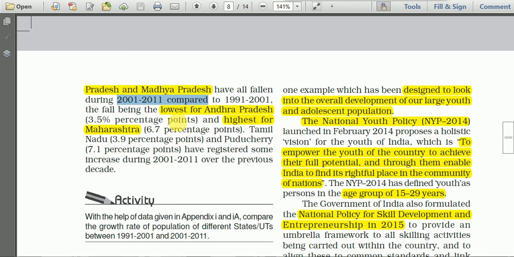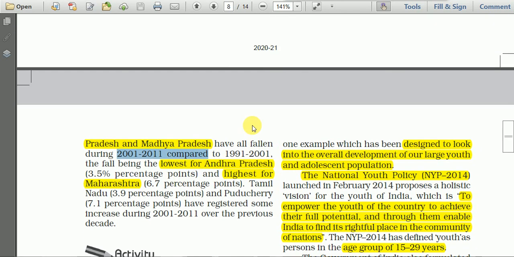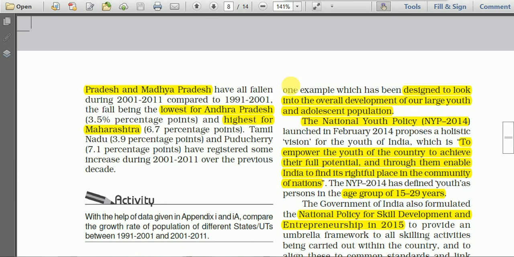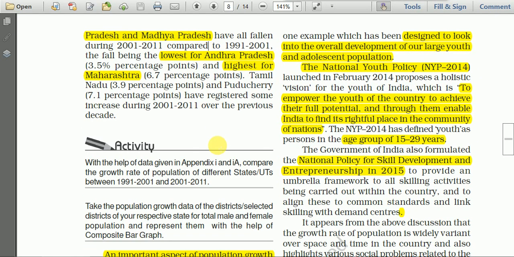That means the growth rate of the 6 most populous states of India, like Uttar Pradesh, Maharashtra, Bihar, West Bengal, Andhra Pradesh, Madhya Pradesh, has declined considerably, and the fall was the lowest in Andhra Pradesh, that is 3.5%, and the highest fall was for Maharashtra, that is 6.7%.